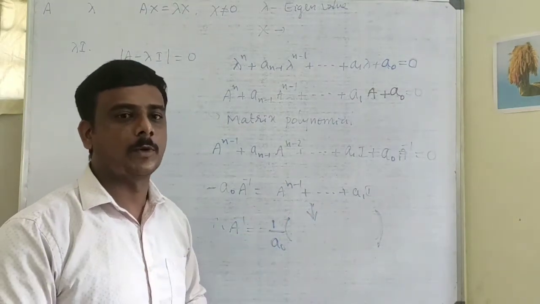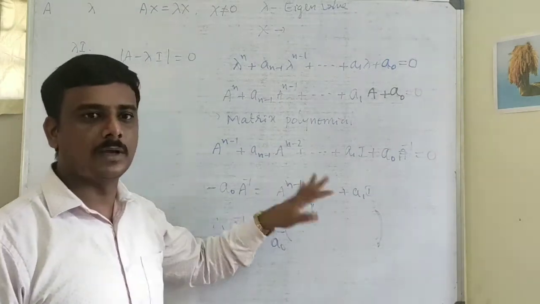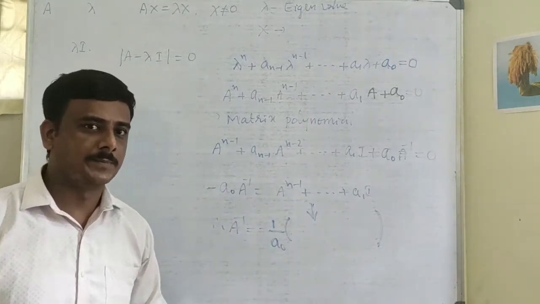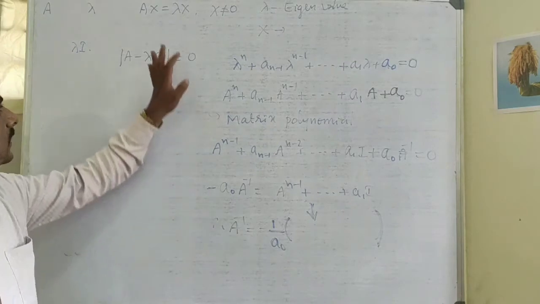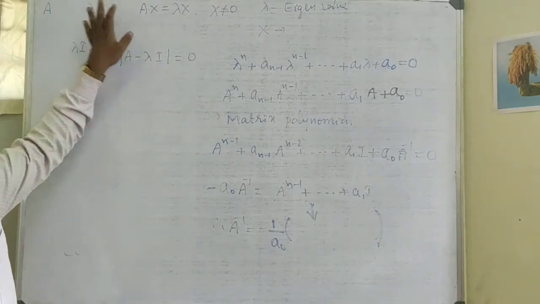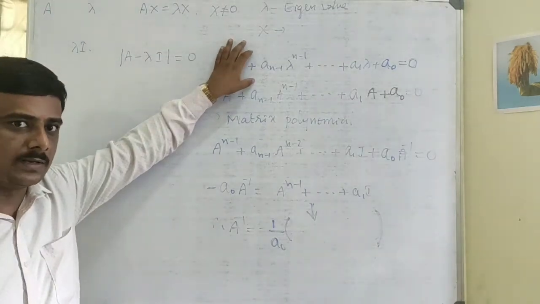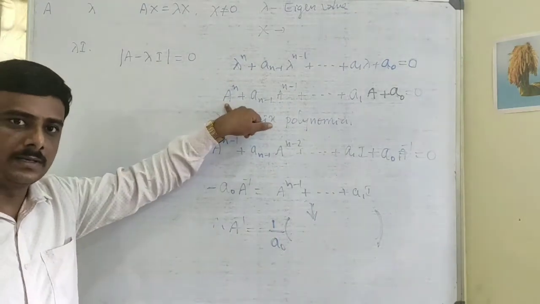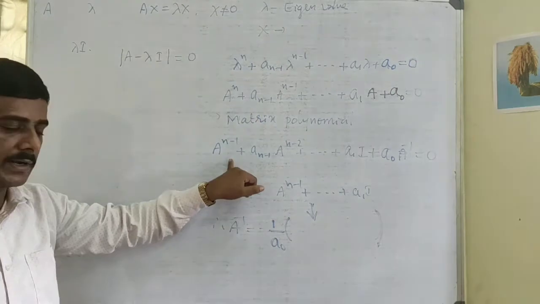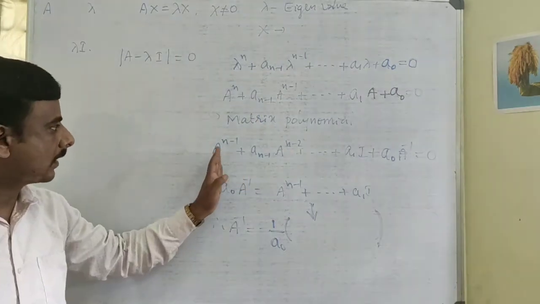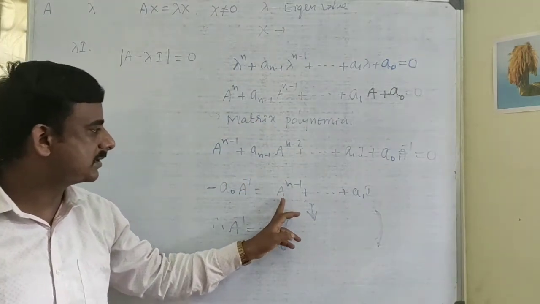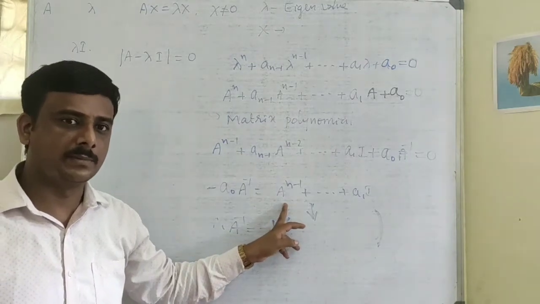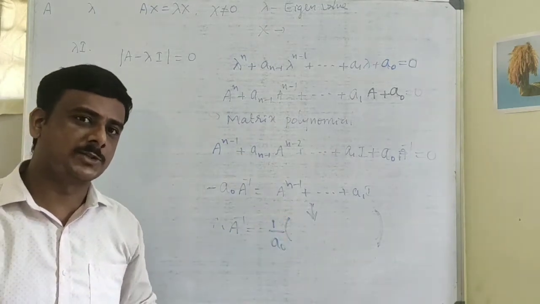I am not going to discuss problems on this because this concept you have already studied in second semester. So the only thing is, consider the given matrix capital A, find its characteristic polynomial. I will tell you the procedure. Find its characteristic polynomial, then replace lambda by capital A, then you get like this. Then compute each of these terms, A power n minus 1, A power n minus 2, A power n minus 3 and so on.